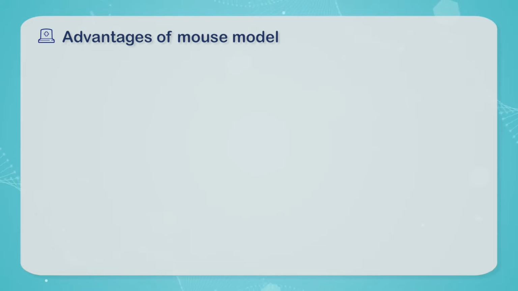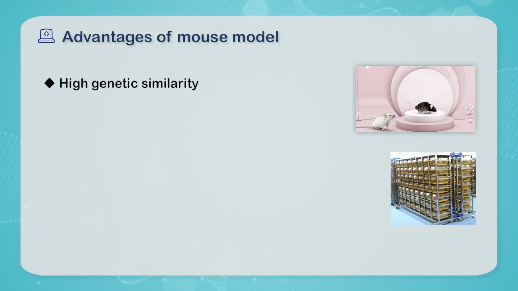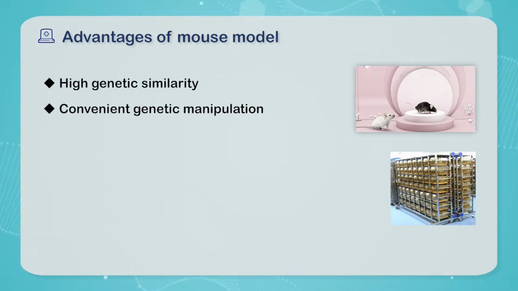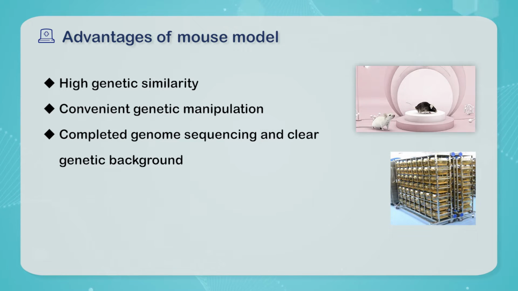Currently, we focus on the mouse models, which have the following advantages. As genetically engineered mice, the mouse and human genomes have high homology, and genetic operation is easy. The whole genome has been sequenced, and the mouse genetic background is clear.